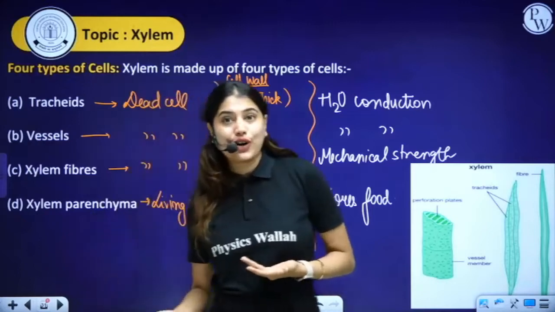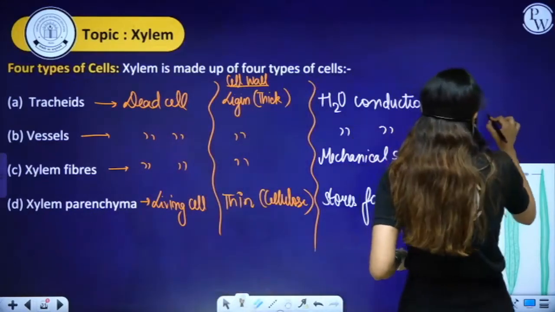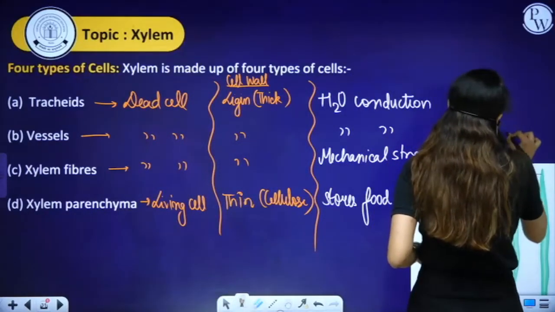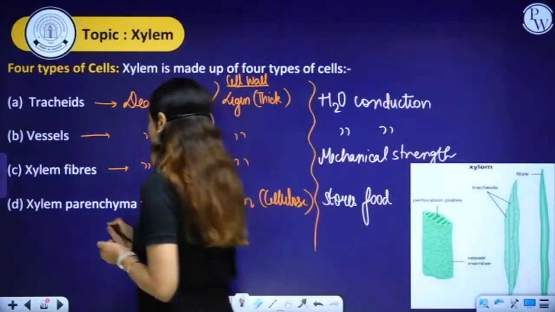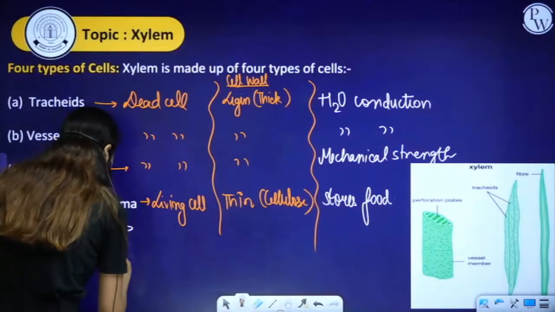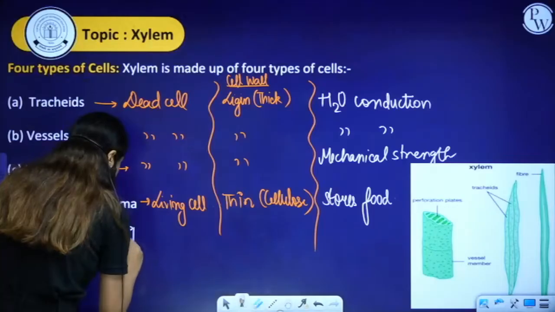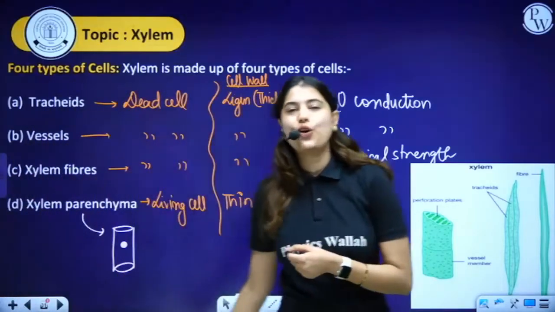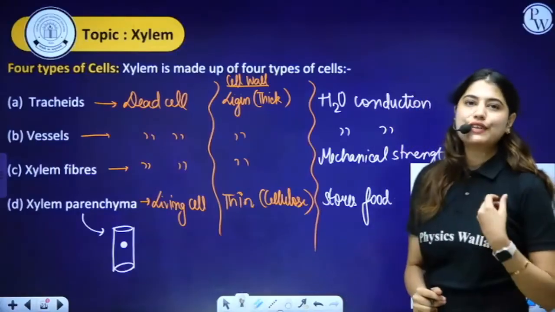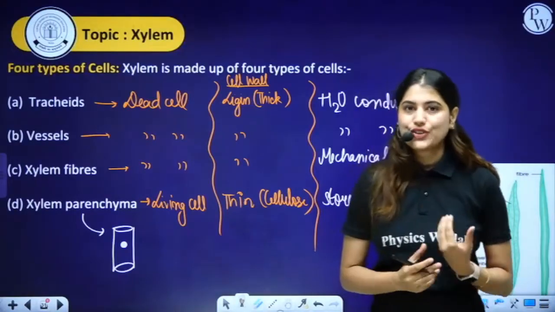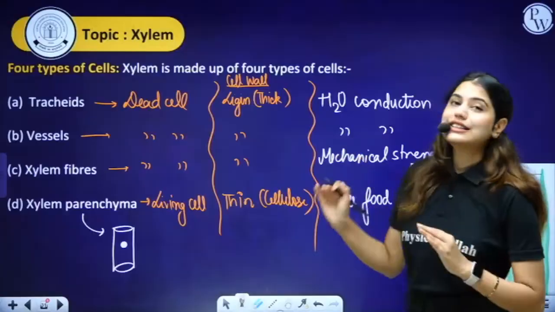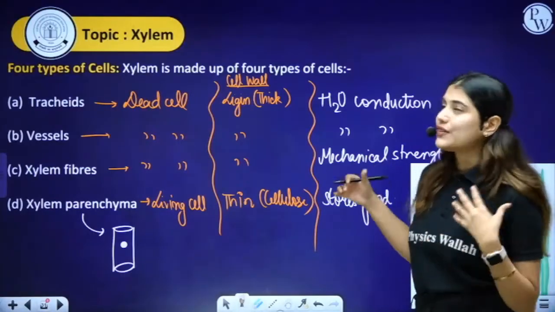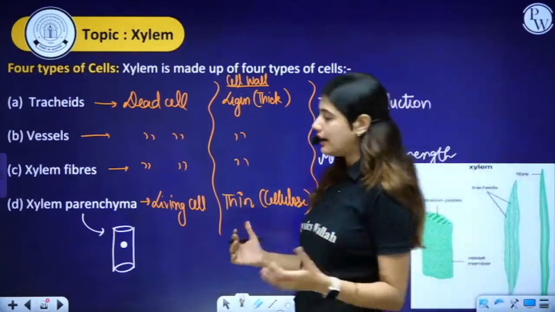If you want to draw the parenchyma, we can draw the parenchyma cells also, like this. We can draw the vacuole, the nucleus, the cytoplasm. So that was about all the types of cells of the xylem which help in water conduction.